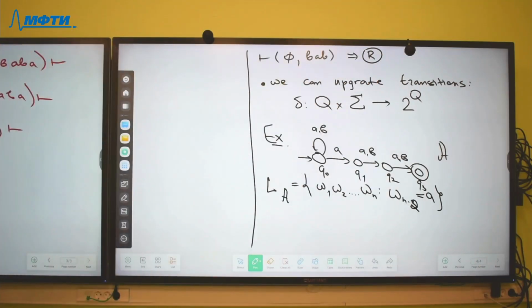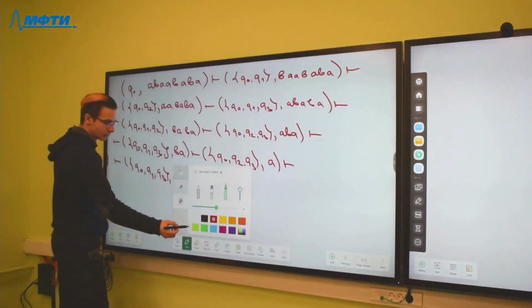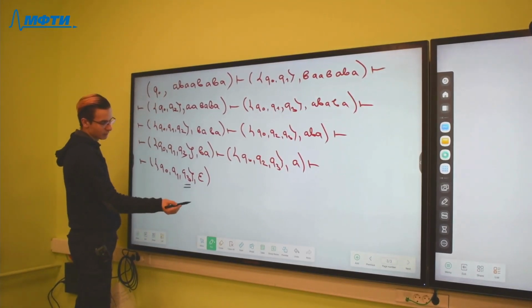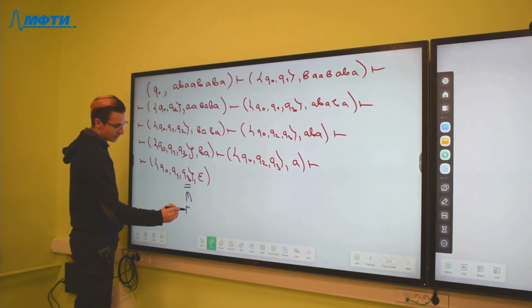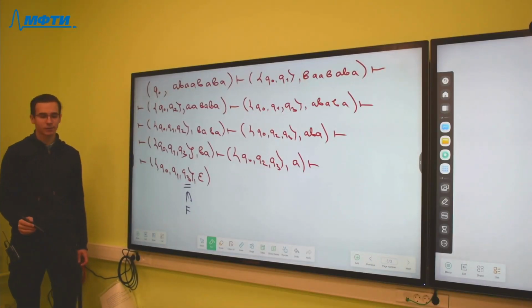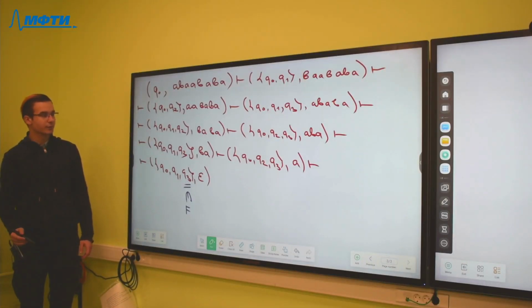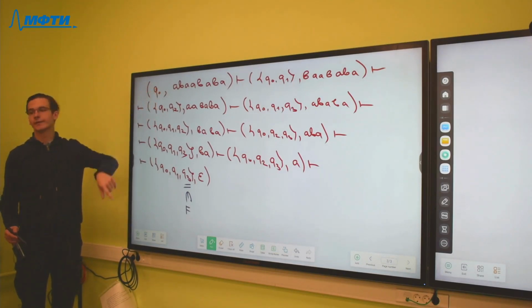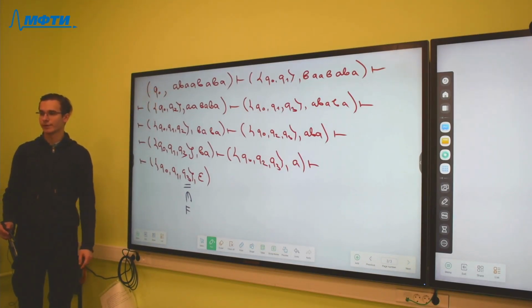So finally, we see that there is a state from the final set. So we say that this line is in the language of this automaton.